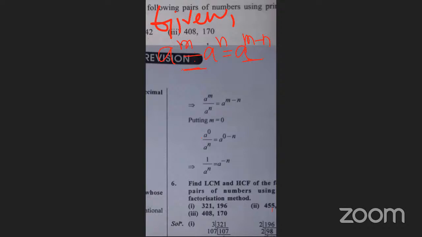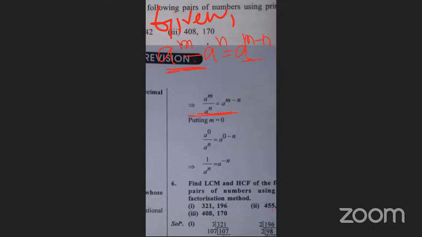Now also they said we have to prove, in the main question, taking m equals to 0, means where there is m, we have to take its value 0. That's the line we got from the first line.